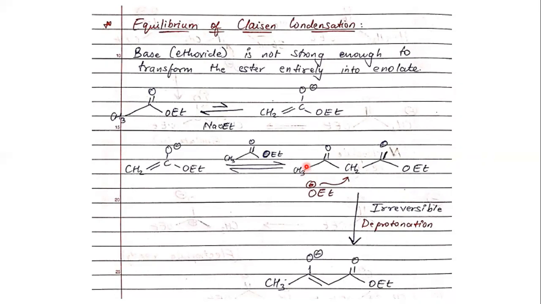In aldol condensation, you had learned that the driving force could be the dehydration step, the last stage where a water molecule is removed. Similarly here, an irreversible deprotonation step is involved. That is the driving force for the reaction to complete.